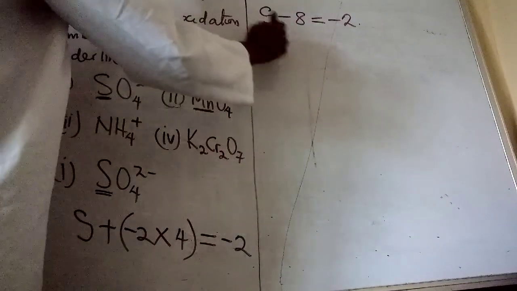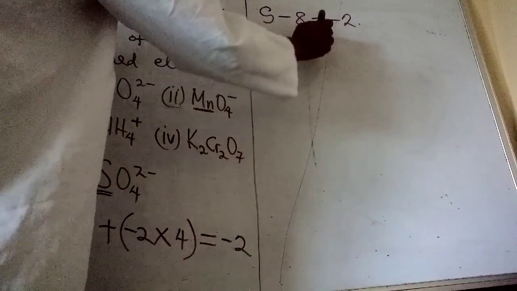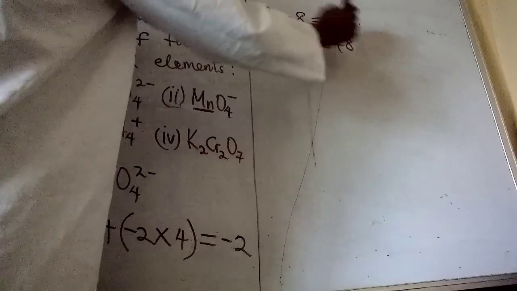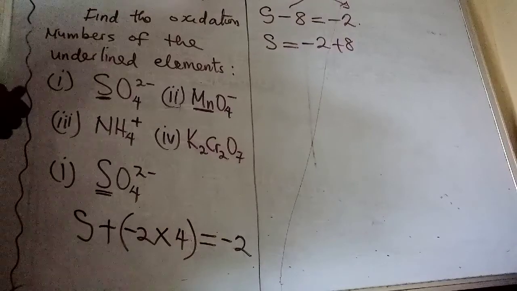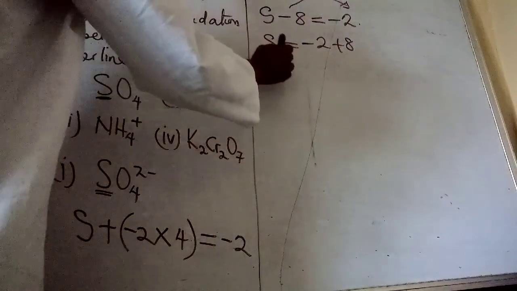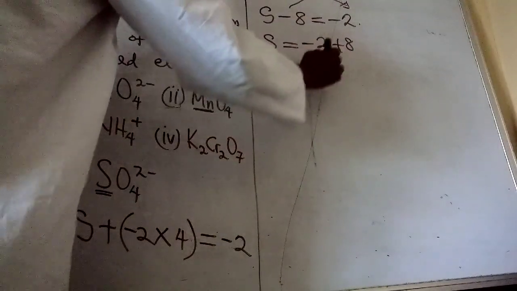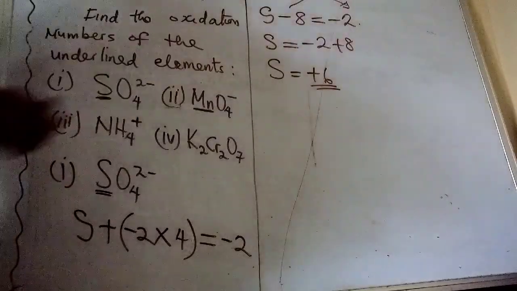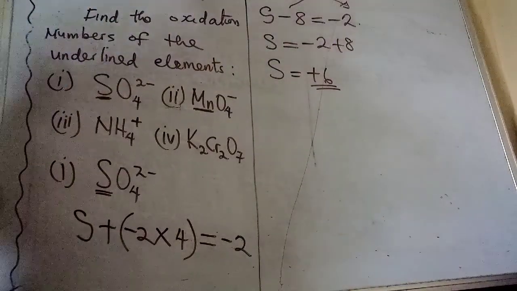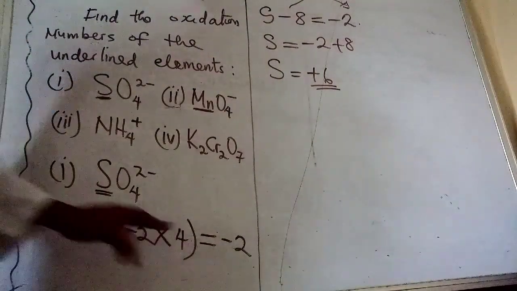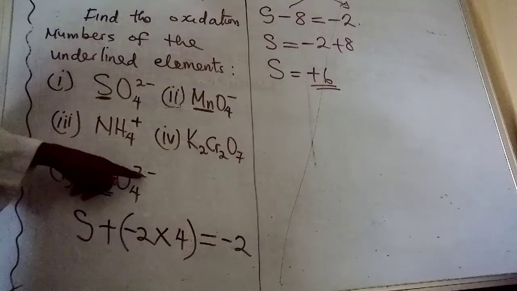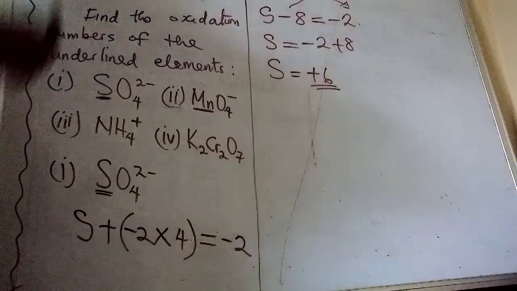So S, which is sulfur, will be minus 2 plus 8 because when this one comes here, it becomes positive. And sulfur will have plus 6. So that's the oxidation number of sulfur in this case. Everything added together equals this minus 2. So let's take note of that.